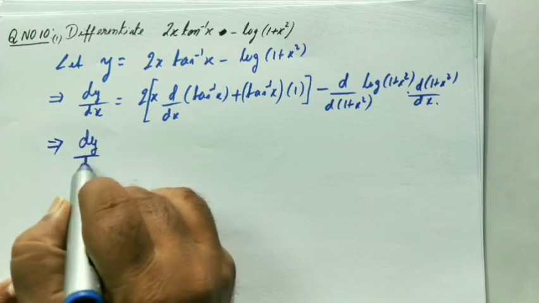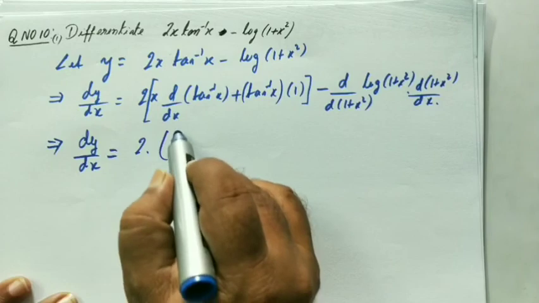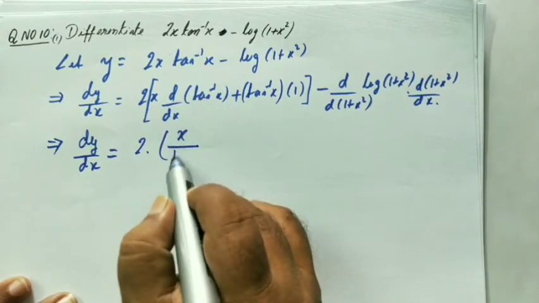Therefore dy by dx is equal to 1 plus x square.